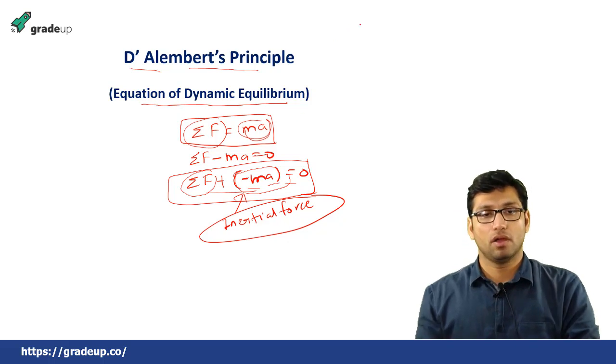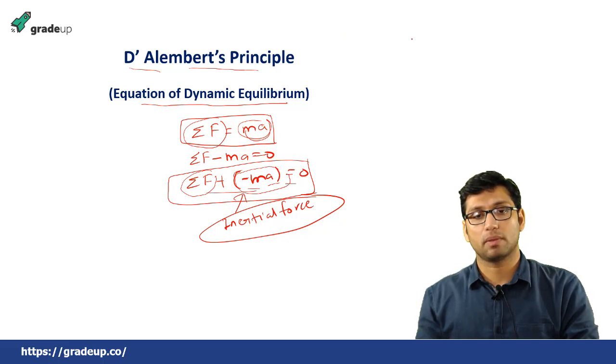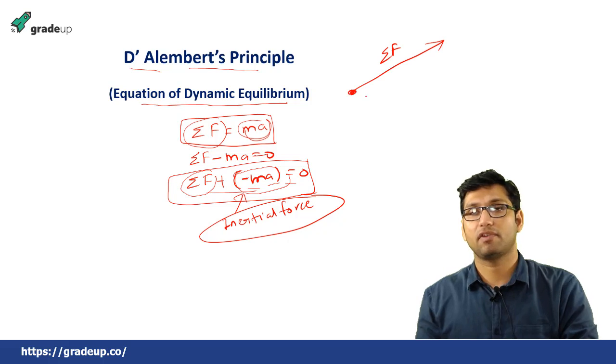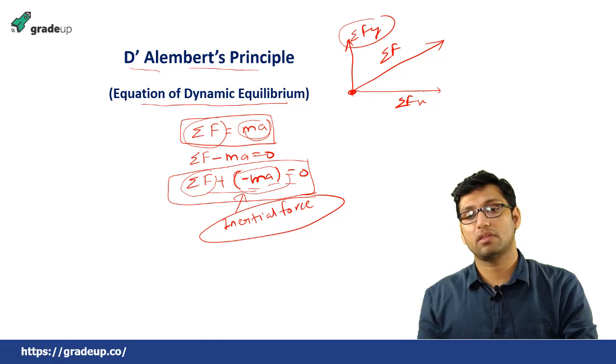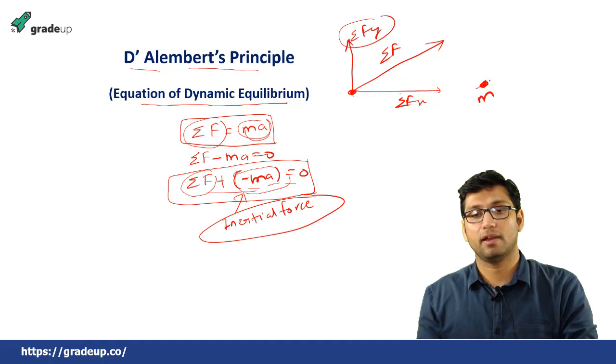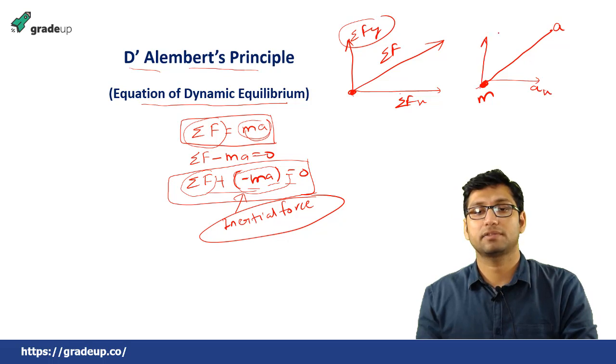So if we resolve these forces, suppose this was the resultant force acting on that particle that we discussed in the previous slide, it will have two components, one in the x direction and one in the y direction. That means the particle, which had some net acceleration, will also have two components of acceleration, in the x direction and the y direction.